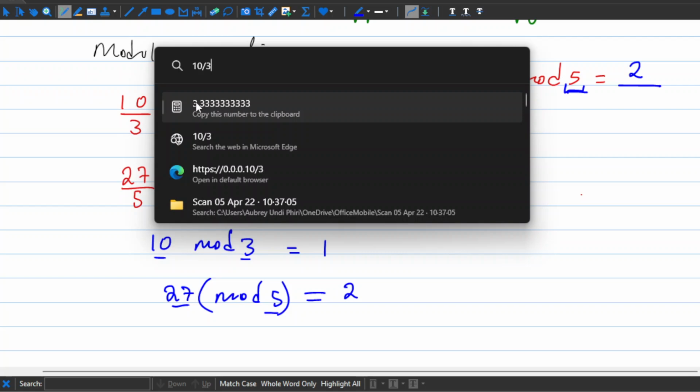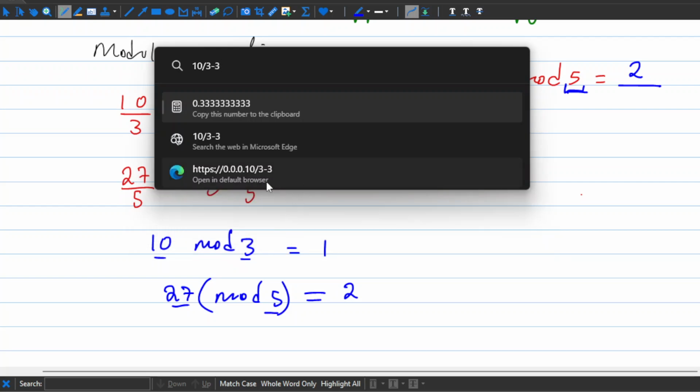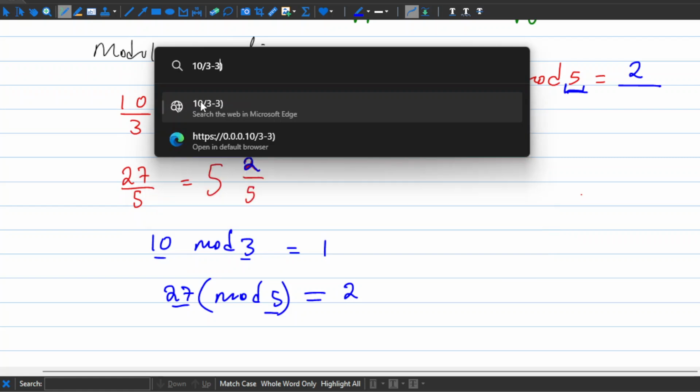What I'm interested in is the number before the decimal, so I will say minus 3. That gives me that number. Then I multiply everything by the mod, which was 3. It gives me 1, which is the remainder that we have here.